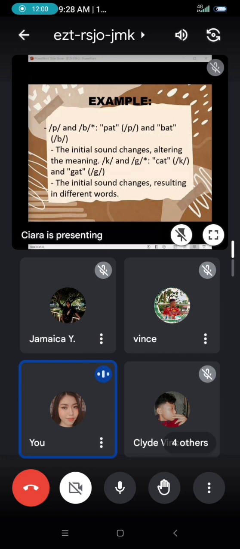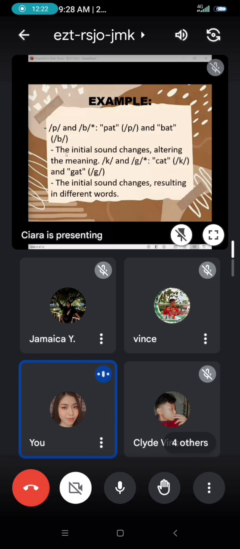Can we identify where the phoneme is in the words pot and bot? The phoneme here is the p and b, which is our initial sound. And we have the second example, the k and g: k for cat and g for gat.